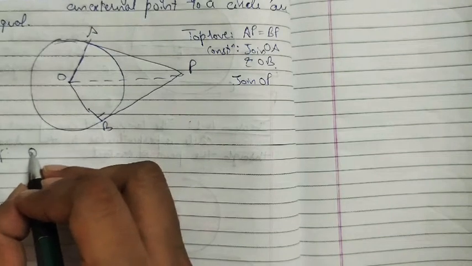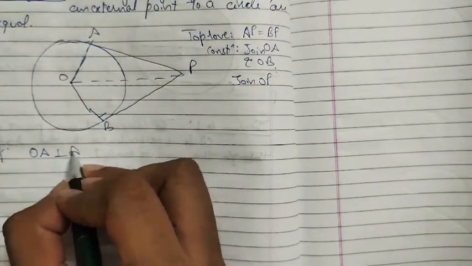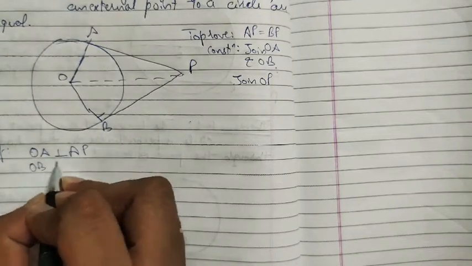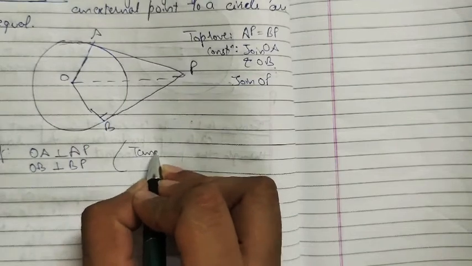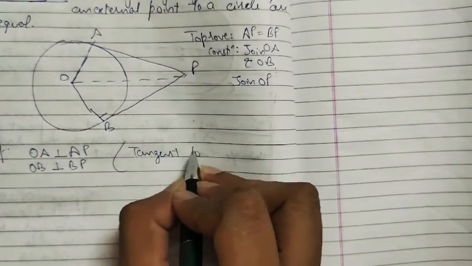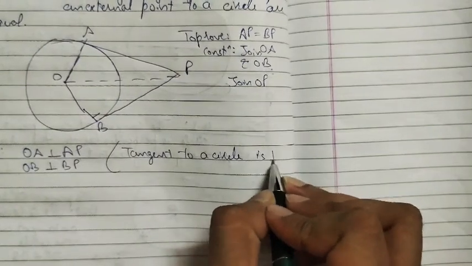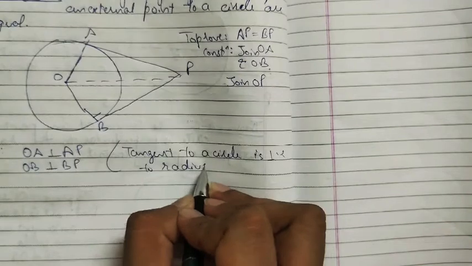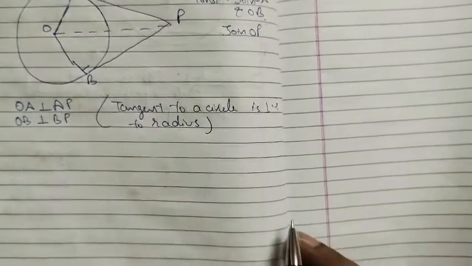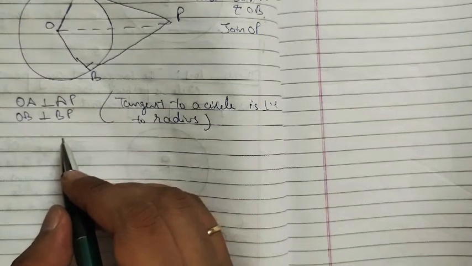We know that OA is perpendicular to AP and OB is perpendicular to BP. Reason: tangent to a circle is perpendicular to the radius. So OA is perpendicular to AP and OB is perpendicular to BP.